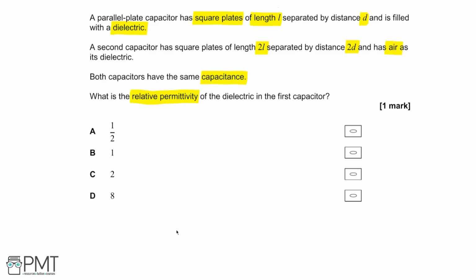In order to answer this question, we should use the equation which relates the capacitance of a parallel plate capacitor to its geometry.